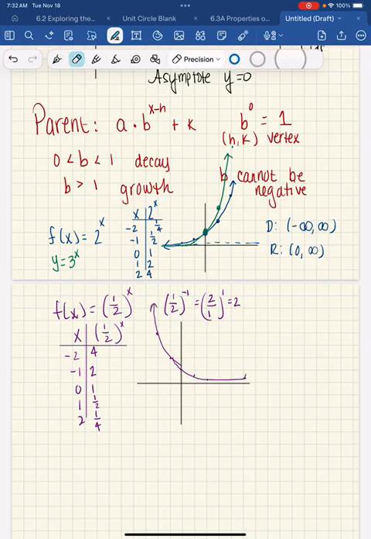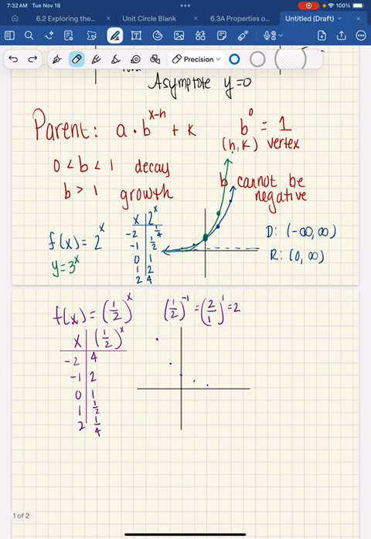Let me try to erase this little piece. You know what? I'm going to redraw the graph. It looks kind of bad. Okay, and same domain and range as growth.